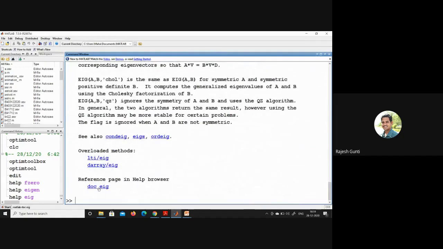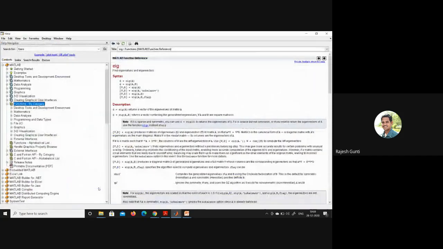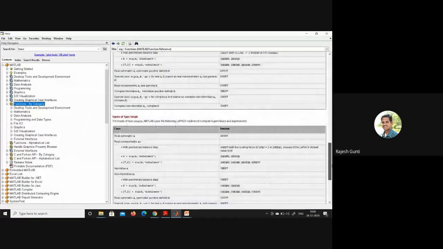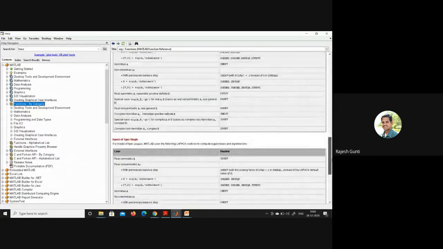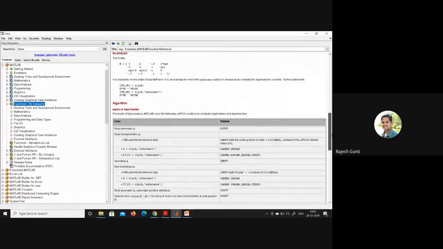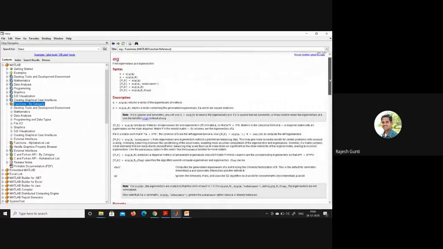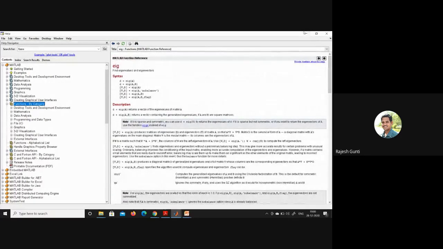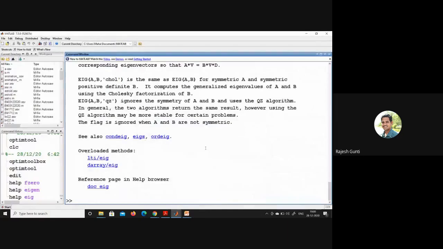If you want documentation, document means the help button. Again, it will come to the help window. It will be clear. This is the different information we get from this documentation. Okay. Like this, we can use MATLAB.